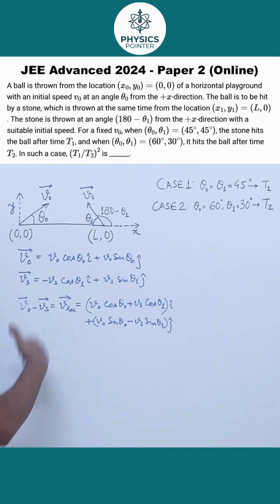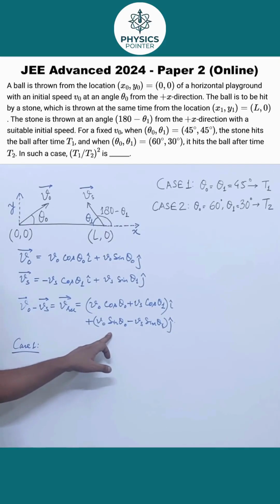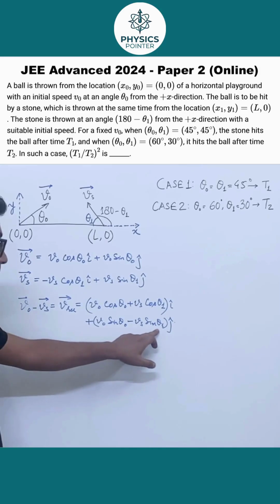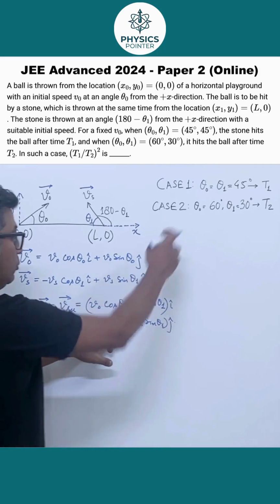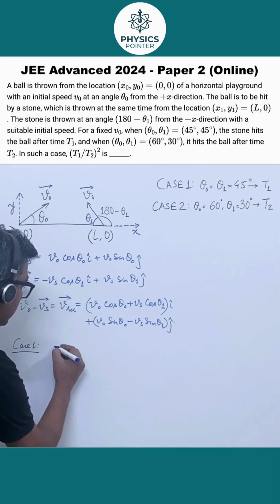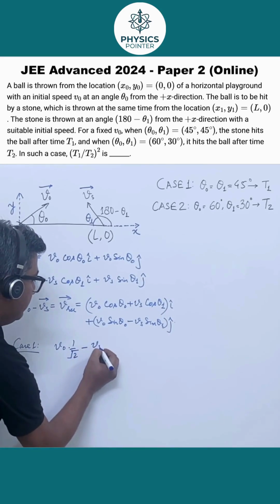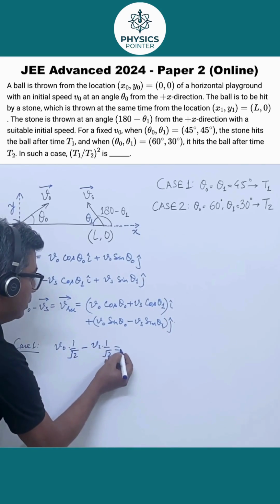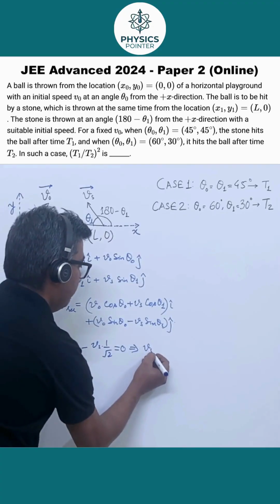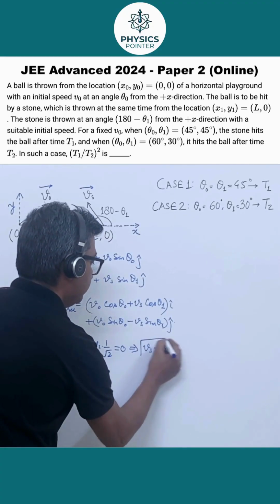So let's take case 1, for example. For case 1, let's first work on the y-axis. That means this needs to be 0, and we'll directly put the values of theta naught and theta 1. What we'll get: v naught into 1 by root 2 minus vs into 1 by root 2 equal to 0, which implies vs is equal to v naught.